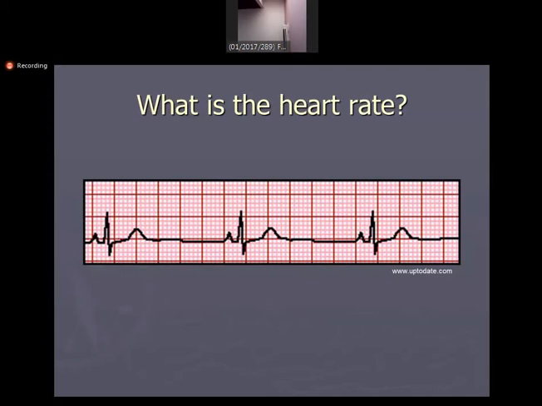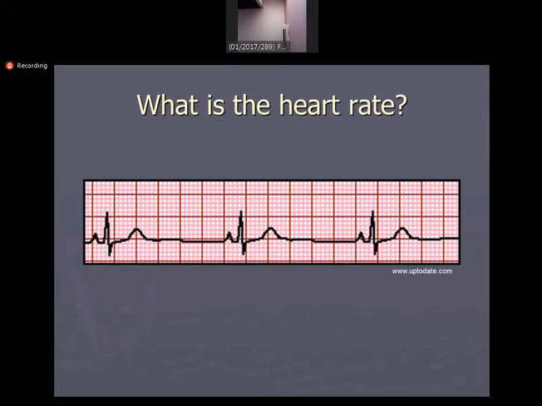You have seen this ECG strip a lot of times in your medical life. Maybe some of your family members have some heart disease, and generally the physician orders an ECG.